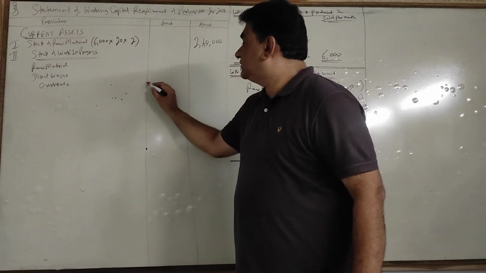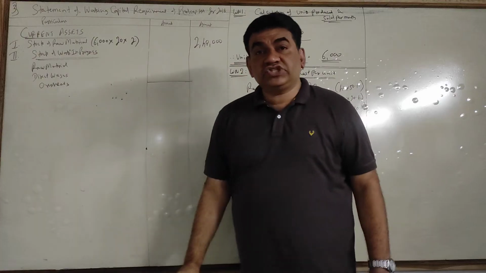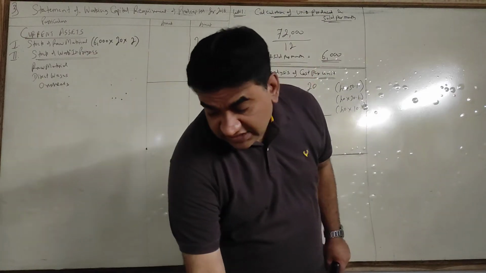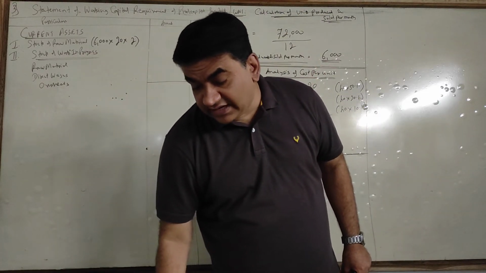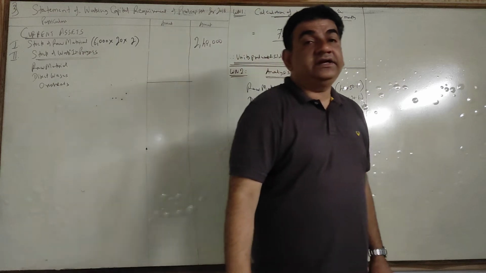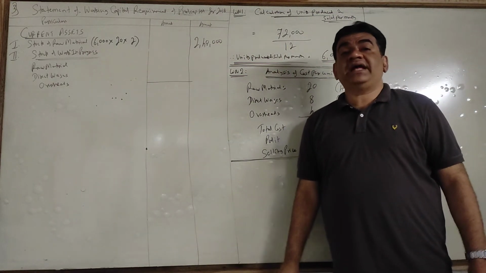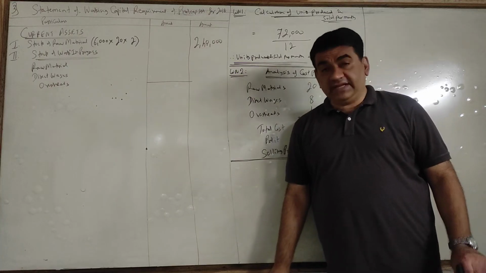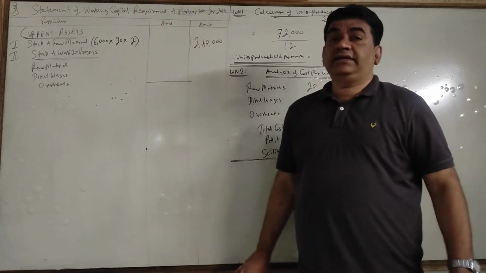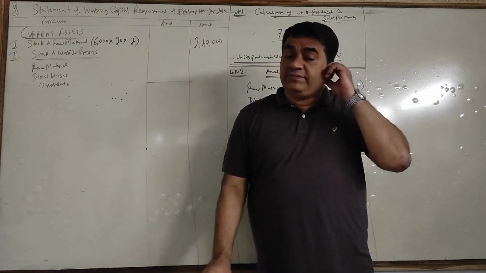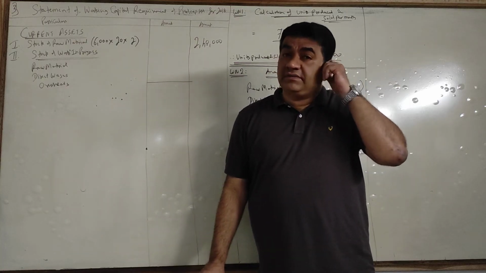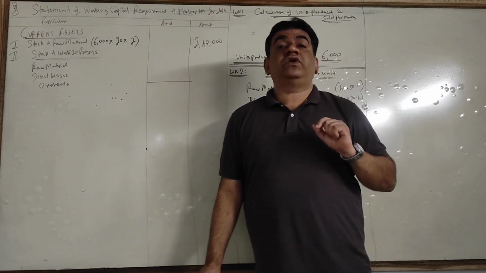Now see the last paragraph. Materials are introduced in the beginning. Even if nothing is mentioned, it is assumed that material will be introduced in the beginning. So whether your work is 1% complete or 99% complete, materials you will always take full.